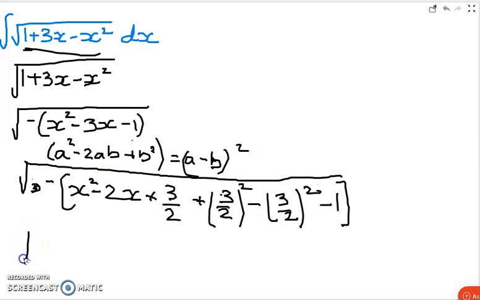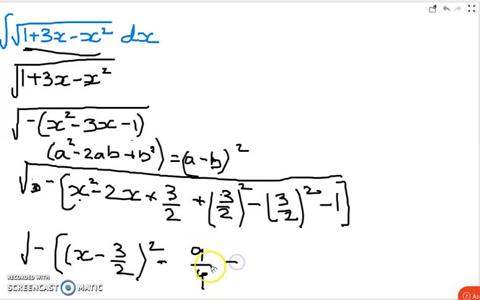Now this is a square minus 2ab plus b square. The formula is a minus b whole square, so x minus 3 by 2 whole square. What remaining do we get? Minus 3 by 2 whole square, that is 9 by 4, and minus 1 is there.